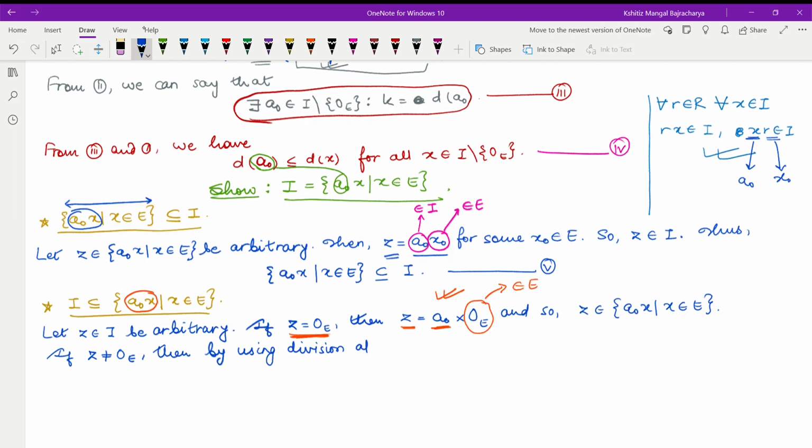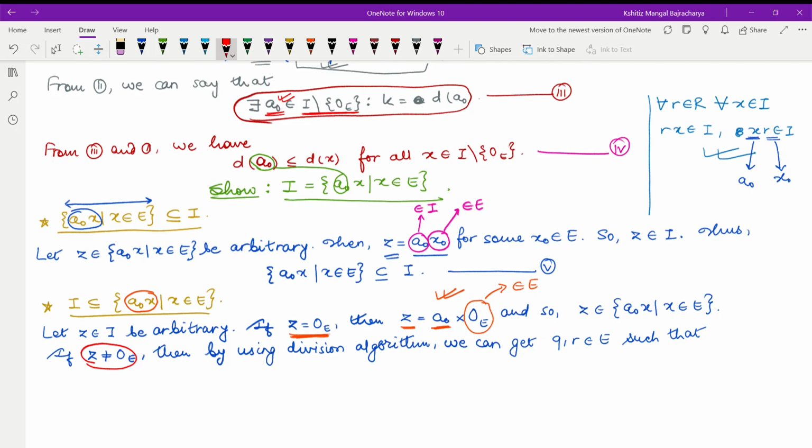By using the division algorithm, what can we get? We can get q, r belonging to E such that... Now let's see, in this case z is not equal to 0, and since a0 is in the set of non-zero elements of I, a0 is also not equal to 0.